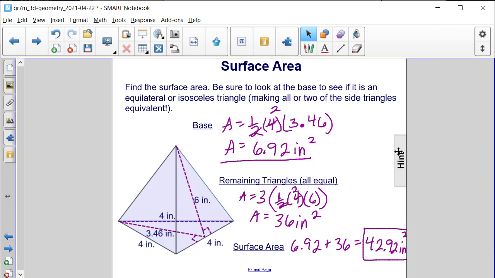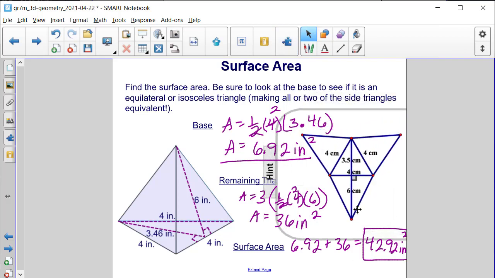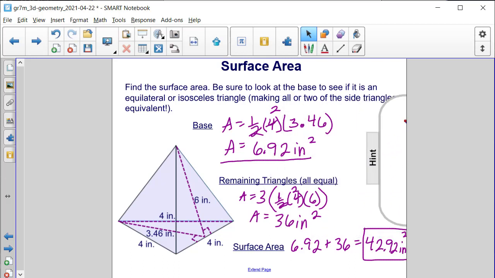And if you needed to see the net, we do have it available right here. So you can see how we have 4 and 6 as the base and height of the 3 triangles going around.